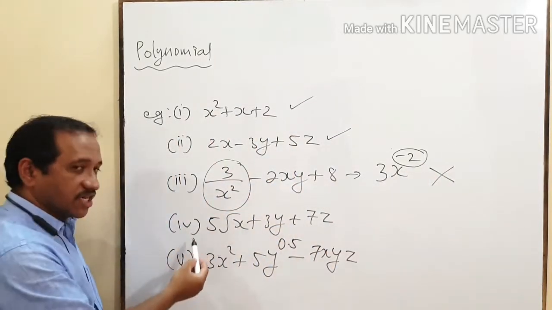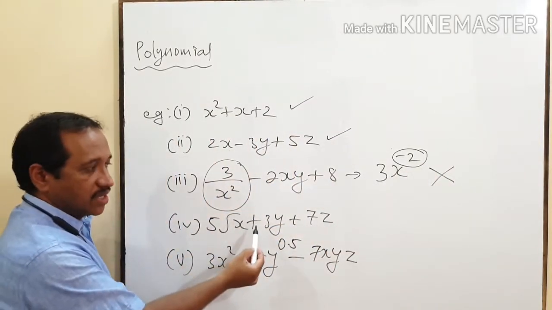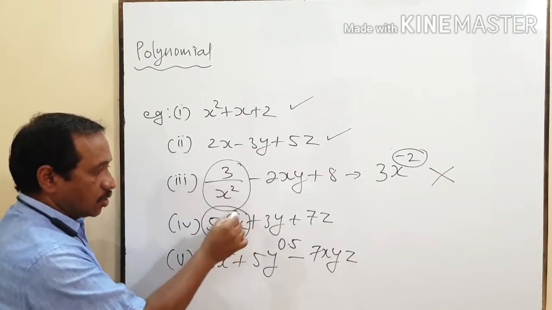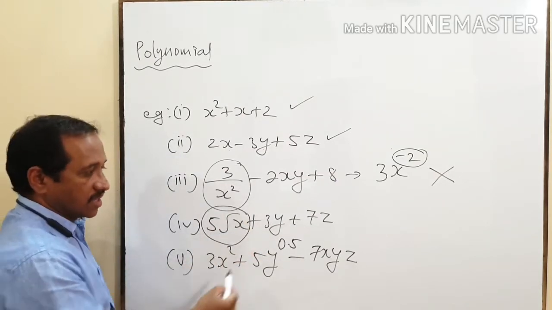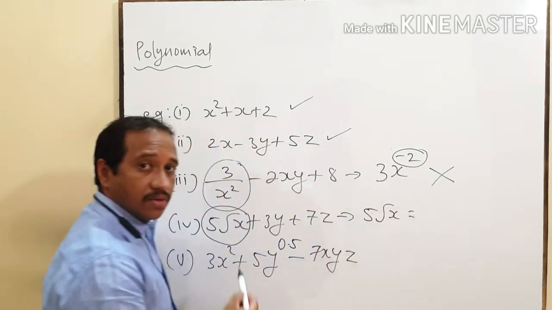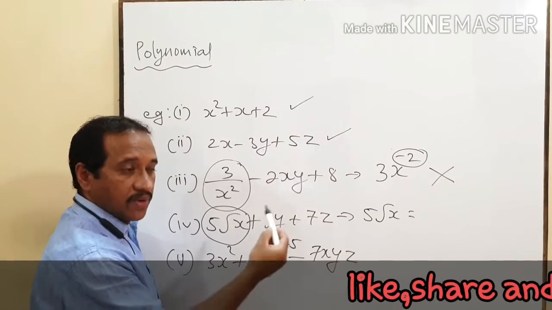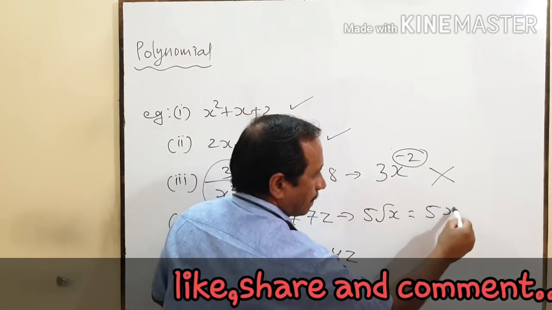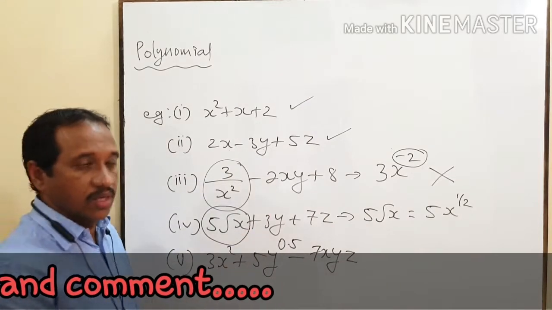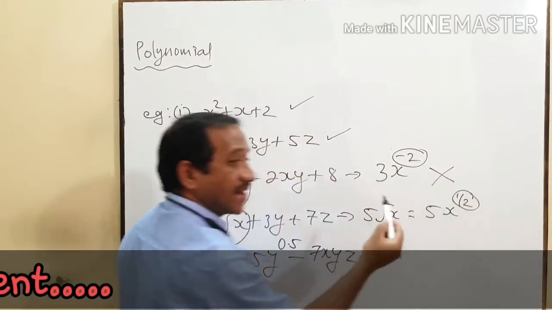Look at the fourth expression, 5 root x plus 3y plus 7z. Look at the term 5 root x. In exponential form, we write it as 5x raised to 1 by 2. Here the power is a fraction.